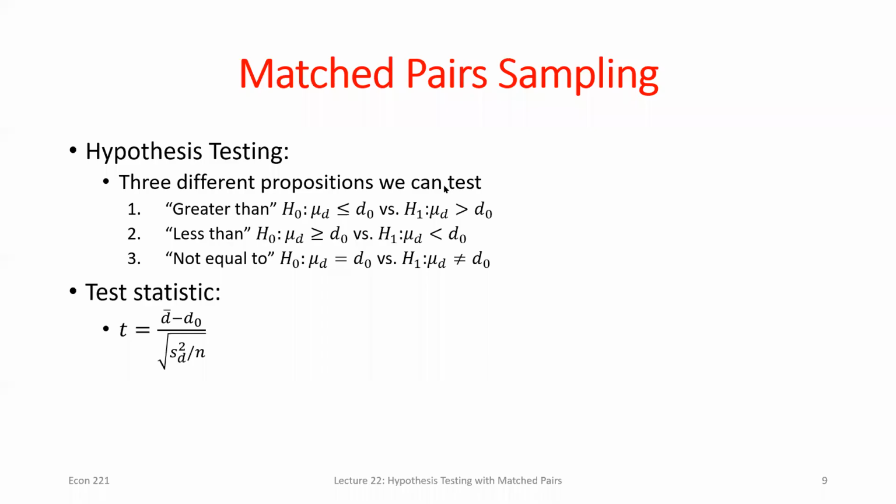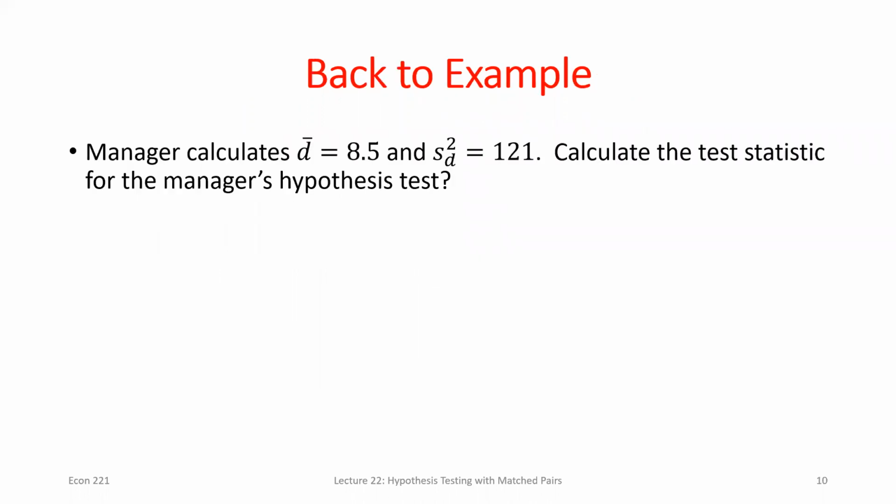So that's what we're going to have here. Let's think about this manager example, and let's calculate a test statistic. It doesn't matter if we want to do a left, right, or two-tailed test here, we would still calculate that test statistic the exact same way. If we're going to use that assumed true difference of 0, everything would be exactly the same.